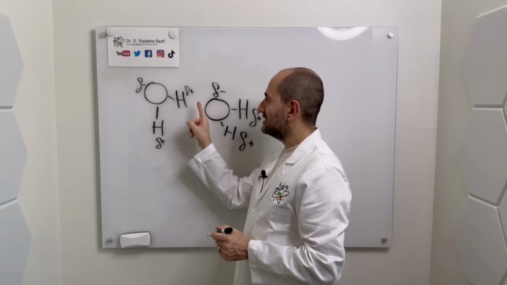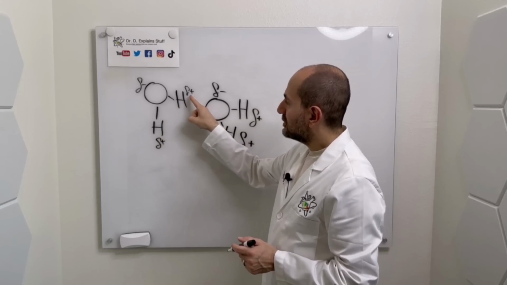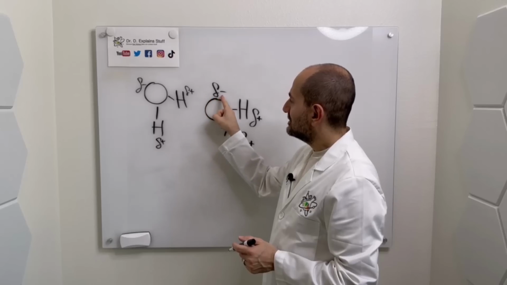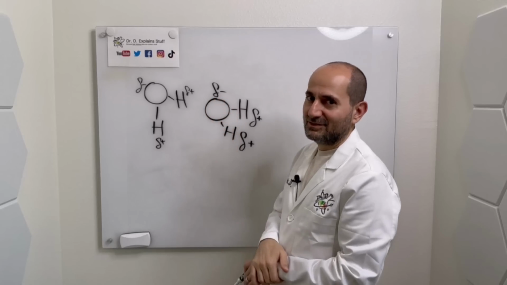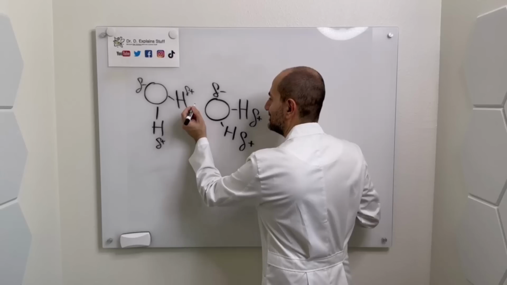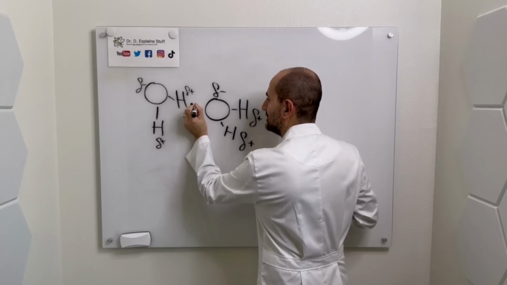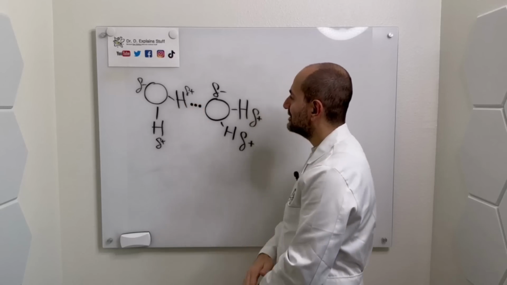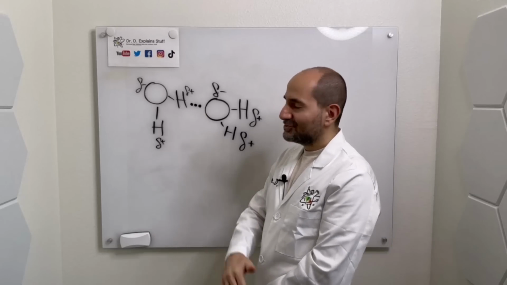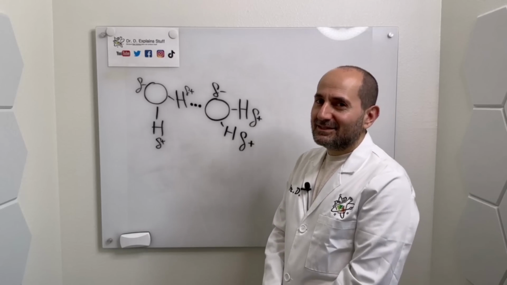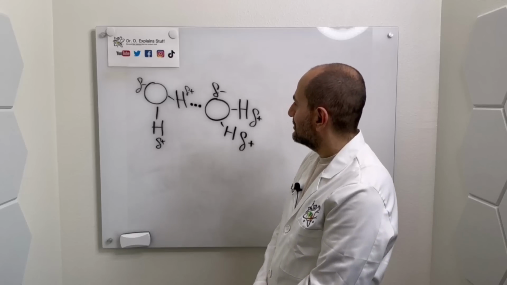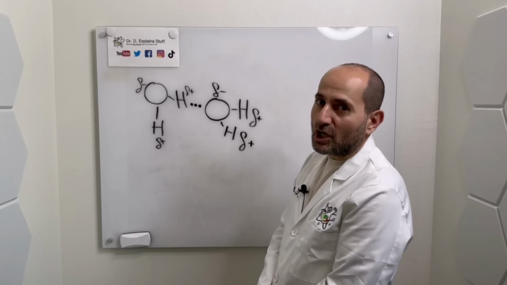And why do they like to stick together? Well, because this partially positive charge wants to hang out with this partially negatively charged. And that stickiness is denoted as a bunch of dots, right? So when you see little dots like I drew there, that means there's a little bit of stickiness between oppositely charged partial charges, right?